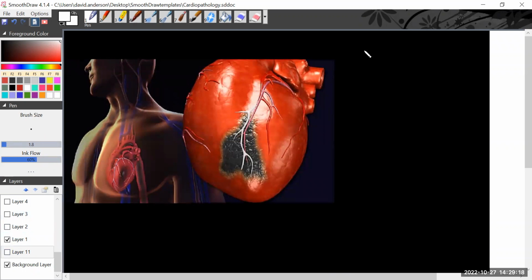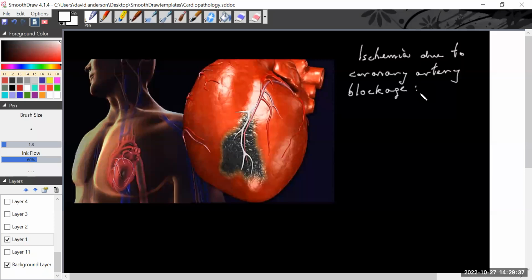So if we're dealing with ischemia due to coronary disease, the two things that we're most concerned about in order to determine how severe this could be is the rate or amount of coronary perfusion.